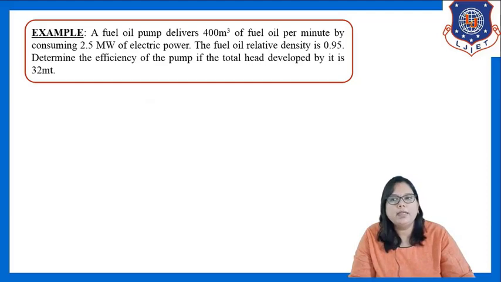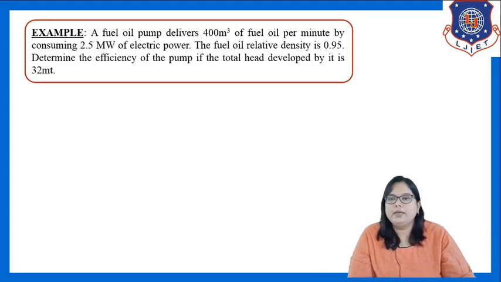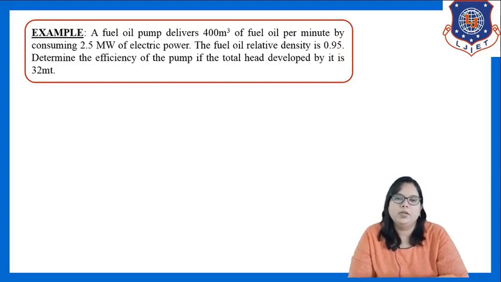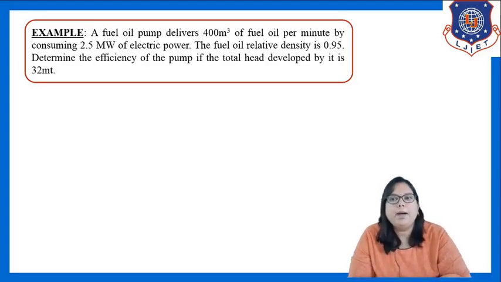Now let us see another example to calculate the efficiency of the pump. First, let us see the statement. A fuel oil pump delivers 400 meter cube of fuel oil per minute. So, you have been given the volumetric flow rate. 400 meter cube per minute of fuel oil is pumped by consuming 2.5 megawatt of electric power.